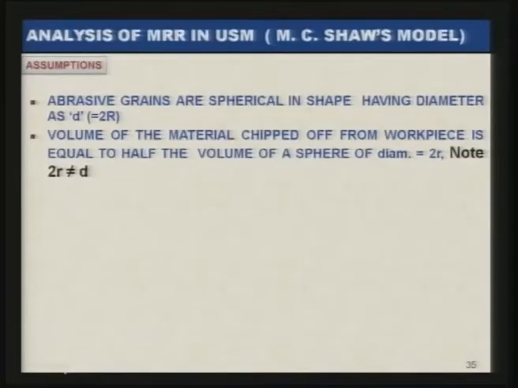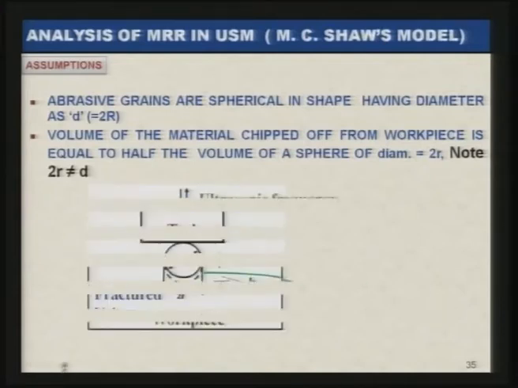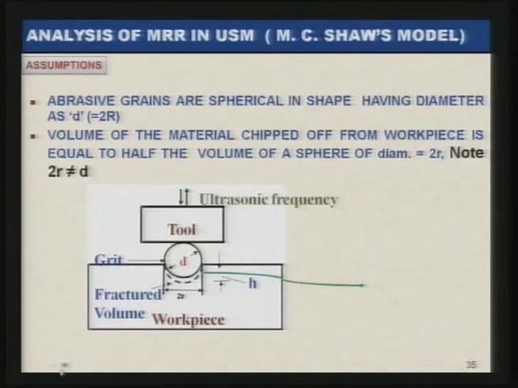The second assumption, which is important to note, is that the volume of the material chipped off from the workpiece is equal to half the volume of a sphere of diameter equal to 2 small r. Here please note that this 2 small r is not equal to the diameter of the grit, 2 r is something different, as we can see.